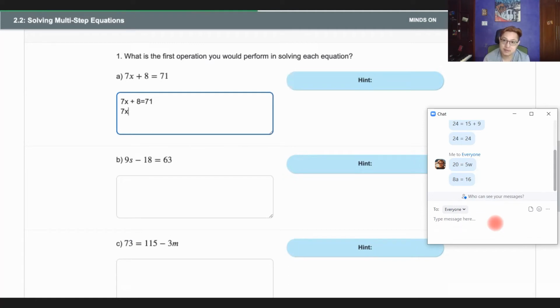So plus 8 minus 8, minus 8 equal to 63. So x equal to 63 divided by 7. You have 9. x equal 9. Yes.